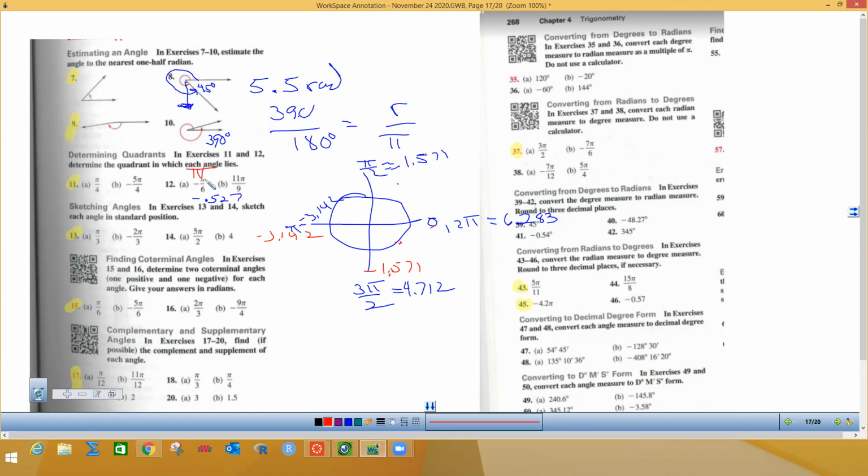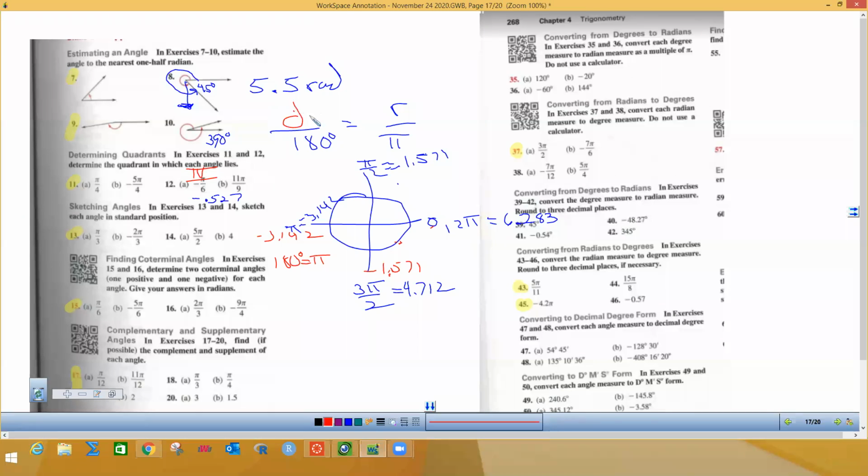Now, I think that's hard to do. The easiest way for me would be to change this to degrees. Well, I want to remind you of something. Do we all remember that we said 180 degrees was equal to pi? Now, we could use this formula up here.